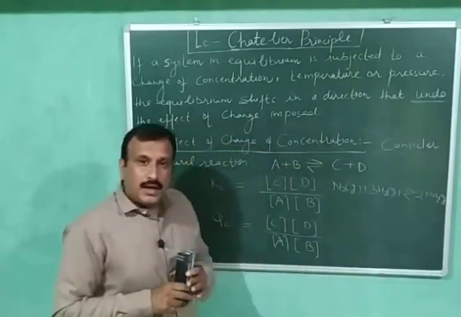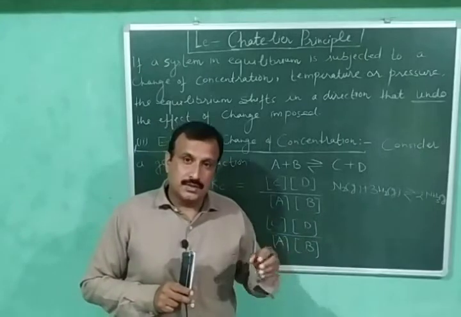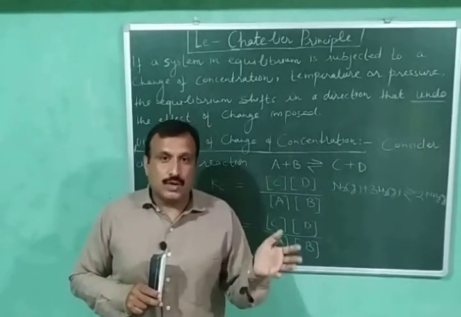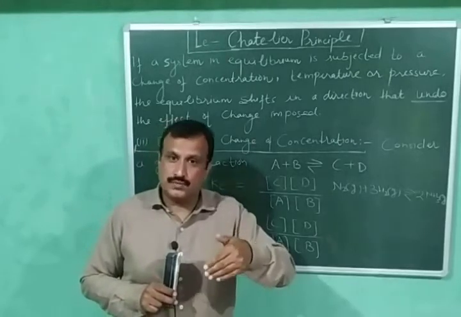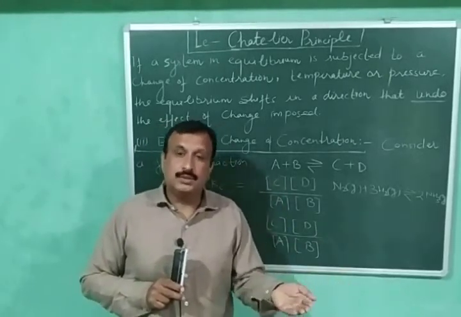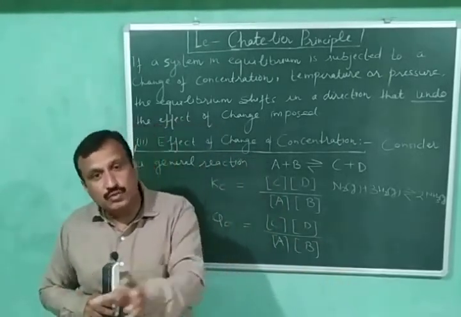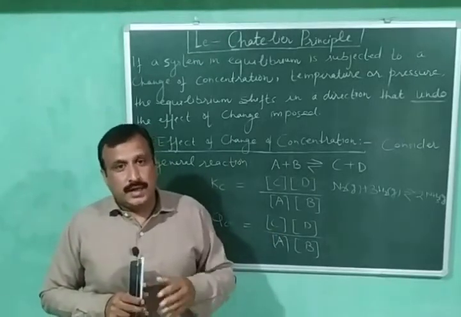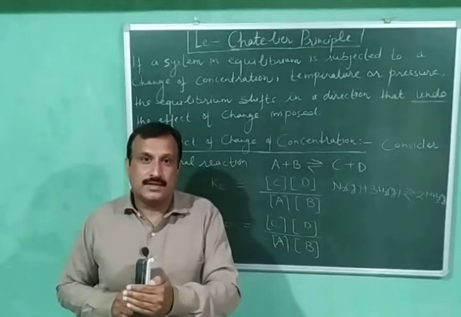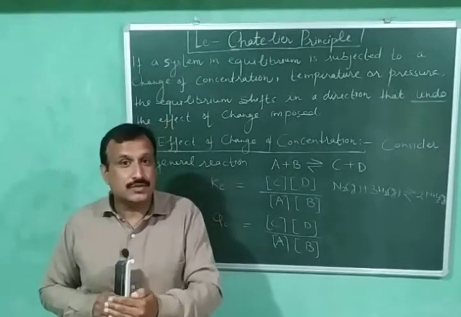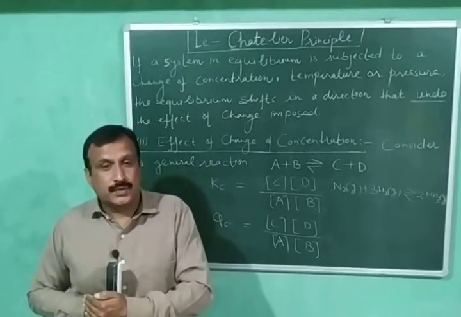If from this reaction we remove ammonia by liquefying it, that is, ammonia is formed in the gaseous state and it will be liquefied and removed from the reaction mixture, in this way we will decrease the concentration of ammonia in the reaction, that is, we are decreasing the concentration of the products.